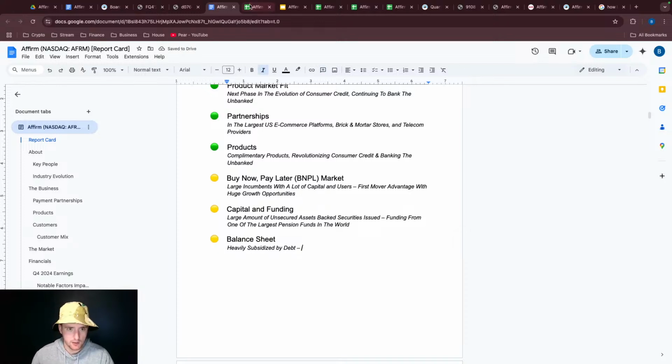Heavily subsidized by debt, of the most are notes held by investors, priority over common stock holders.